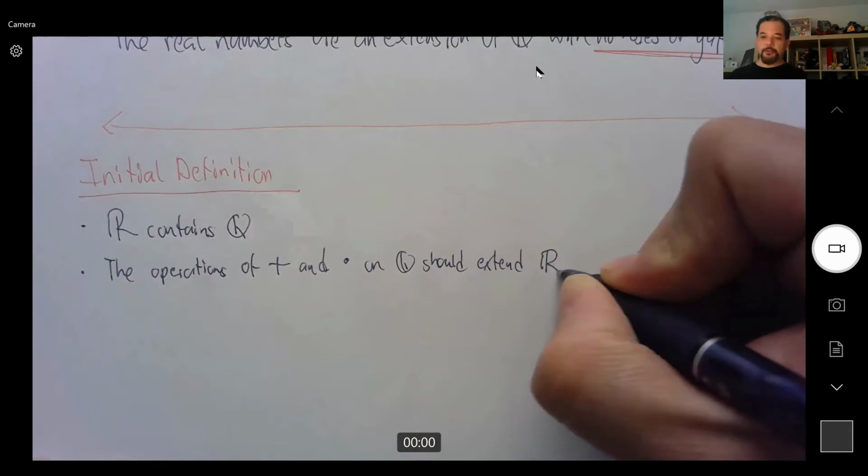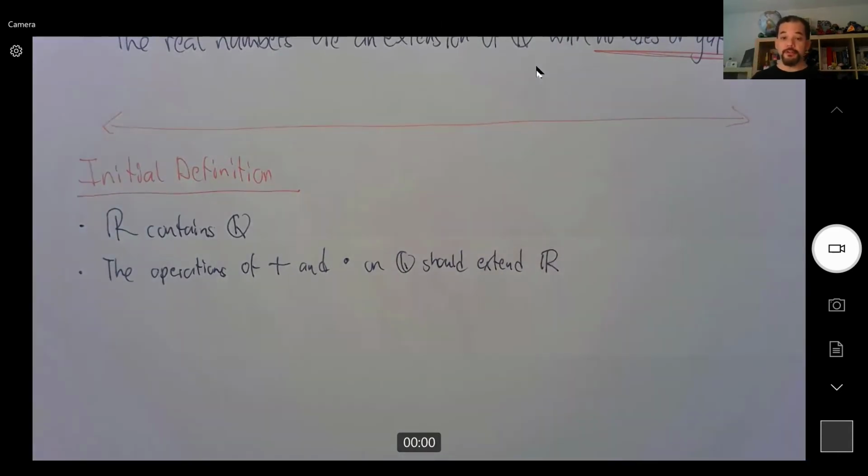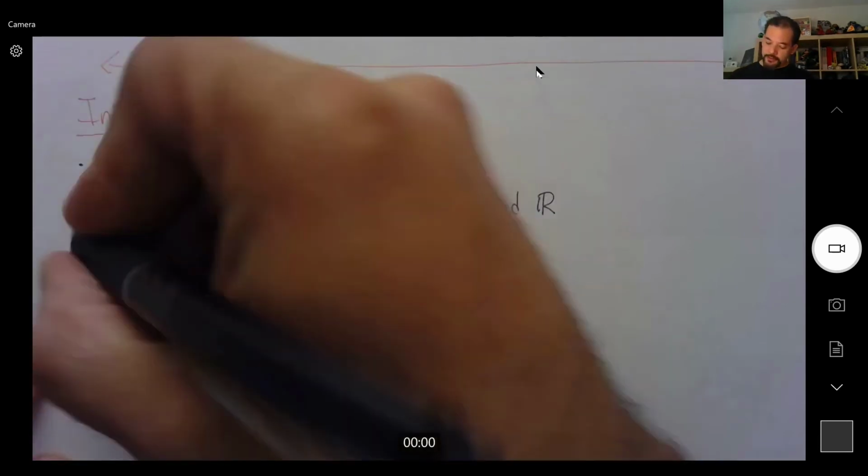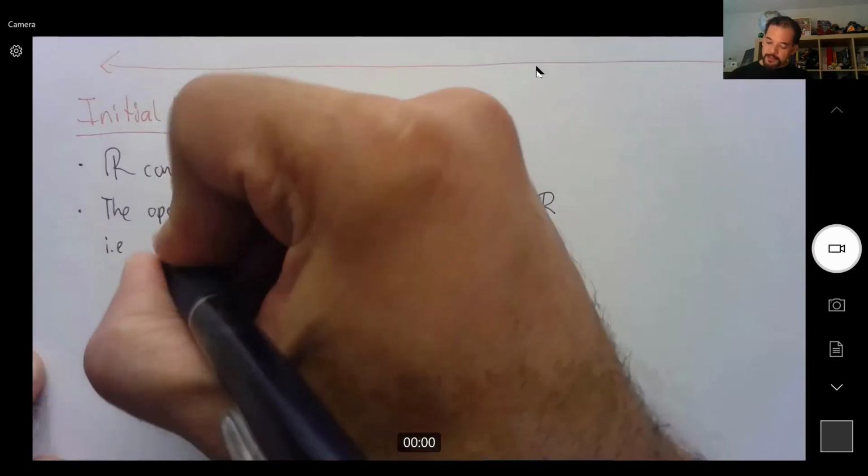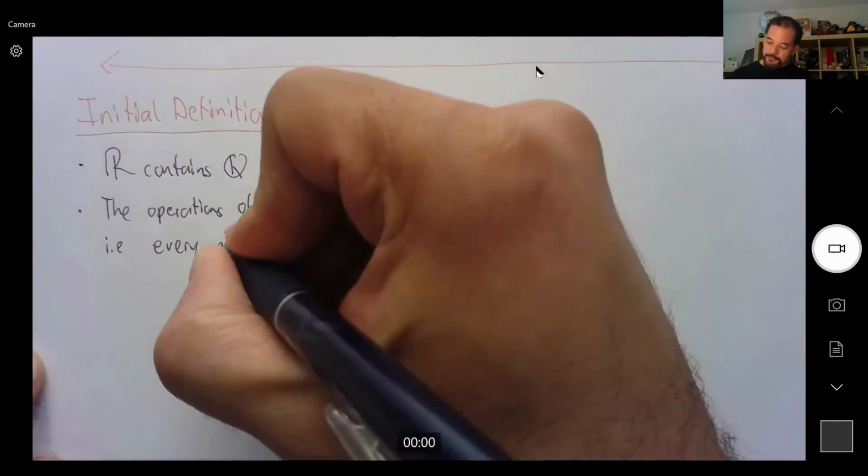I mean, we should be able to add real numbers and multiply real numbers. I'm sure you want that. So in other words, every real number should have an additive inverse, and every non-zero real number should have a multiplicative inverse, okay?